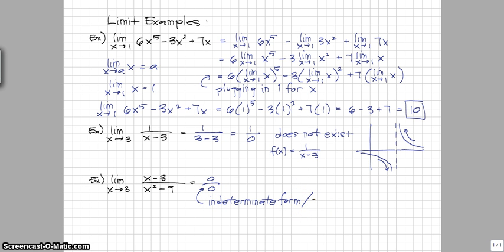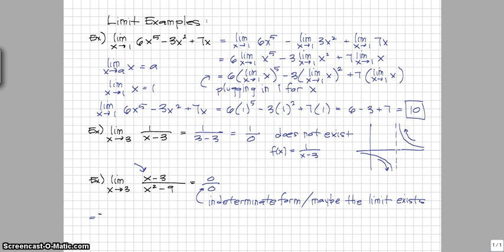And what that means for us is maybe the limit exists. And it will be our job to work through some algebraic manipulations of this function that we're trying to find the limit for, in order to determine whether there really is a limit or whether there in fact is no limit.